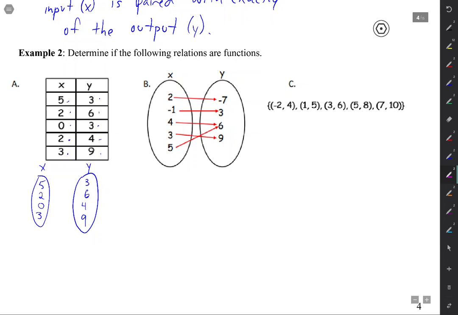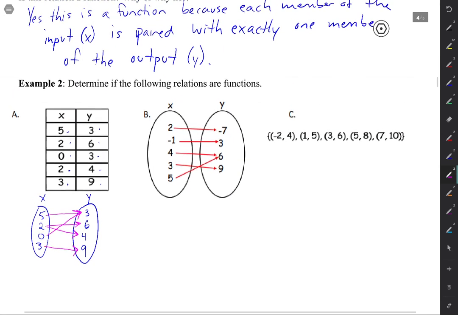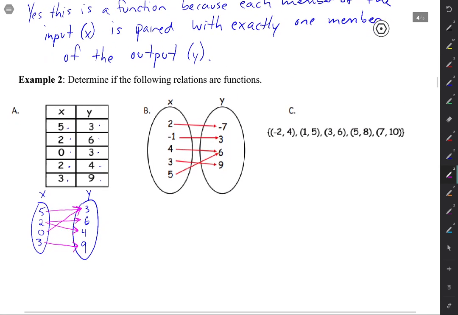So we have 5 going to 3. We have 2 with 6. We have 0 with 3. We have 2 with 4. And finally, we have 3 and 9. Now we have to look, do any of the x values match with more than one y value?